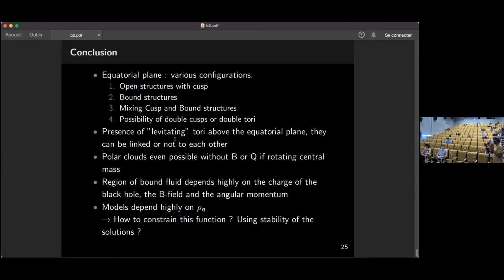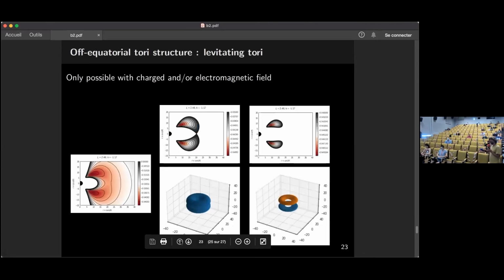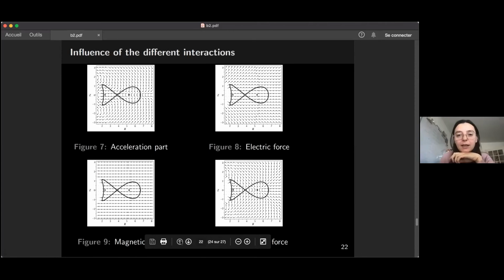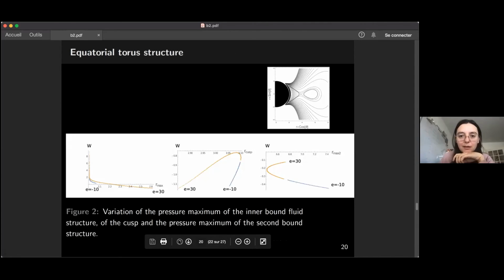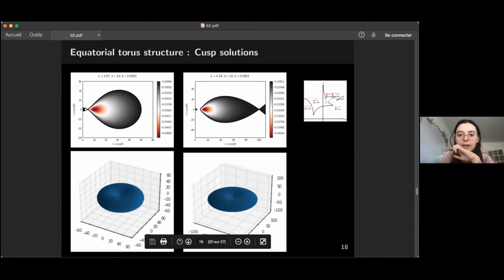So I have a question. The question is, because I didn't catch it during your talk, are all these configurations having constant angular momentum? Oh yeah. So some of them, the equatorial ones here, yes, they have constant angular momentum.